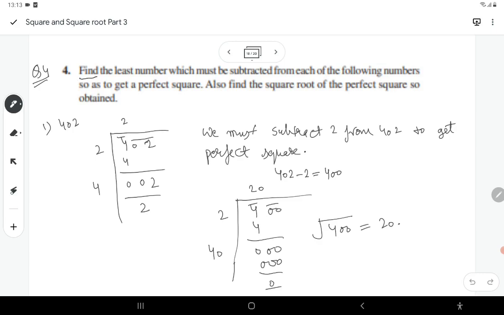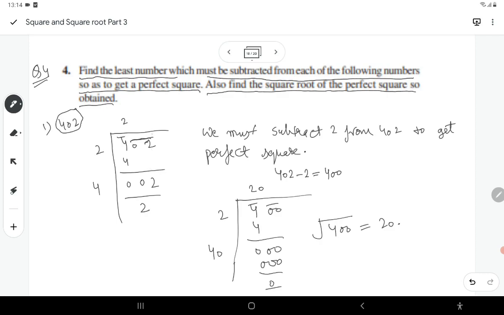Next question says, find the least number which must be subtracted from each of the following numbers so as to get a perfect square. Also find the square root of the perfect square so obtained. So first let's find the square root of the given number, which is 402. Now we know how to find the square roots.